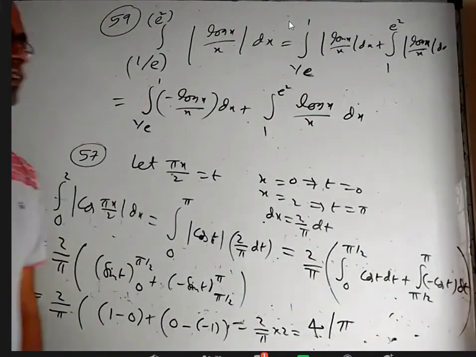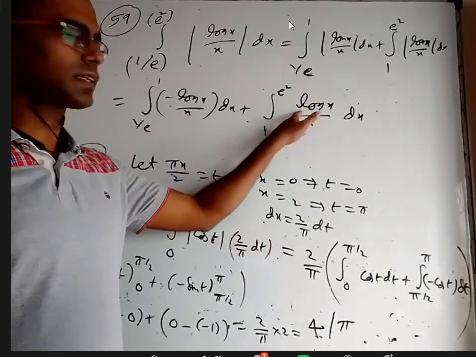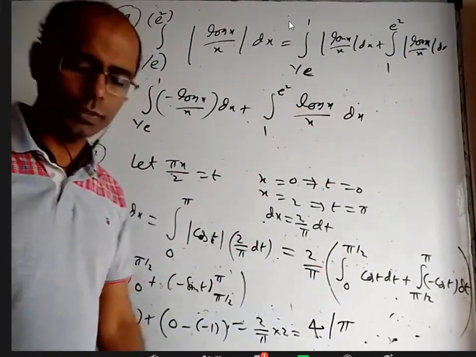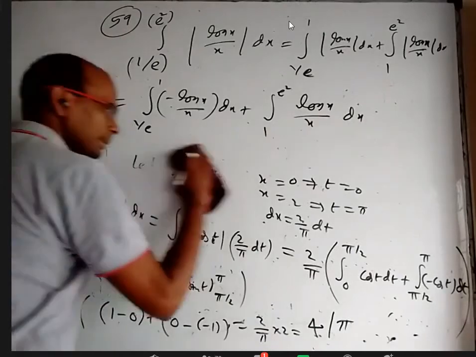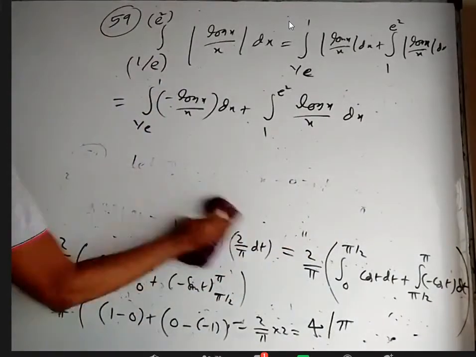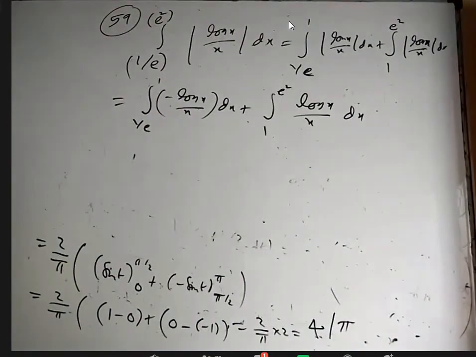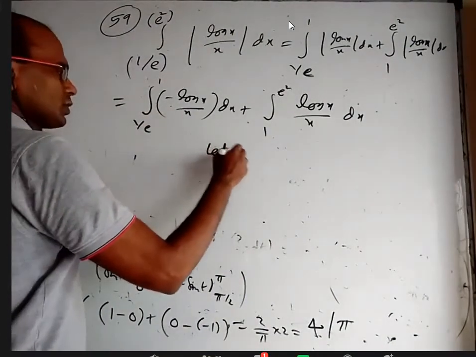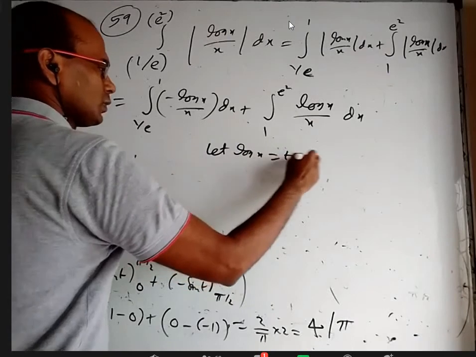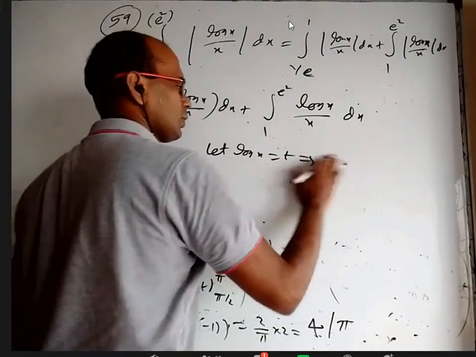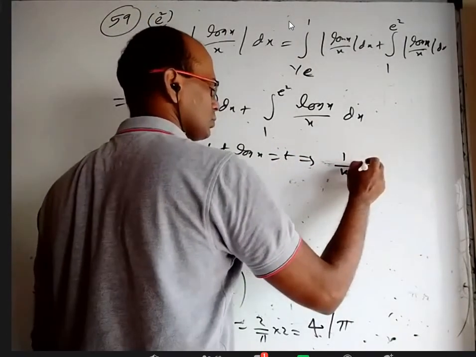Now that integration is very easy. Log x, if you take t, 1 by x dx will be dt, right? Let log x equal to t, which implies 1 by x dx is equal to dt.